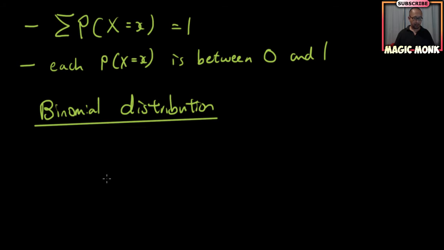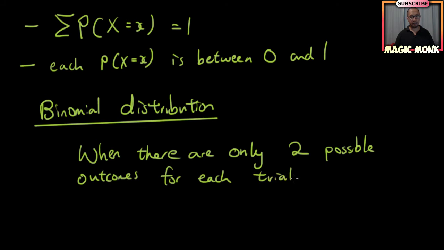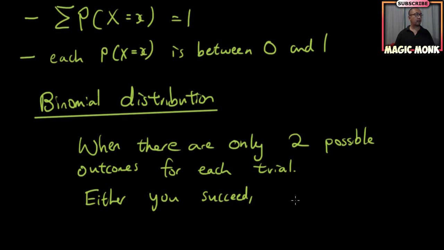The binomial distribution is when there are only 2 possible outcomes for each trial. Okay, either you succeed or you fail.